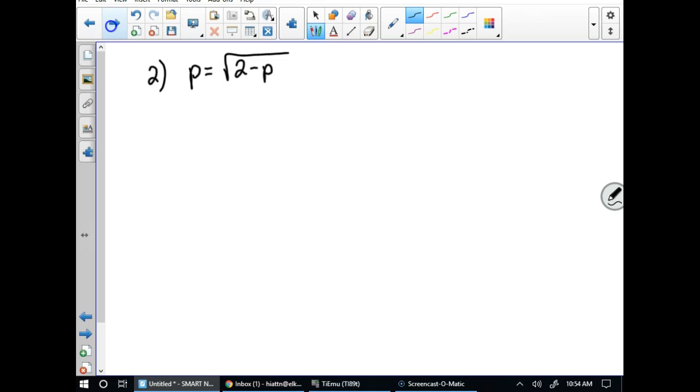But the difference here is on the other sheet, we would have had like 4 equals the square root of 2 minus P. But this time we have a letter equals the square root of 2 minus P. So what you're going to have to do here is square both sides to get rid of the square root. But when you do that, you're going to get P squared equals 2 minus P.